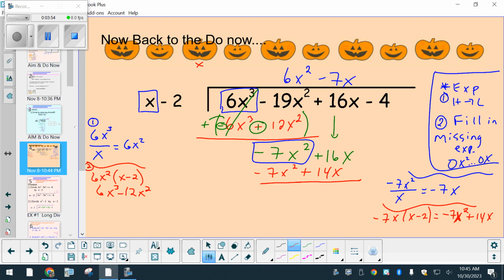Now you will start to notice, like these two terms should always be the same sign, and then when you do the subtraction is when they start to change, right? So I subtract, add your parentheses in there so you don't mess up. Negative times negative. So this changes to a positive, but then the 14 has to change to a negative. They cross out. Should get 2x minus 4.